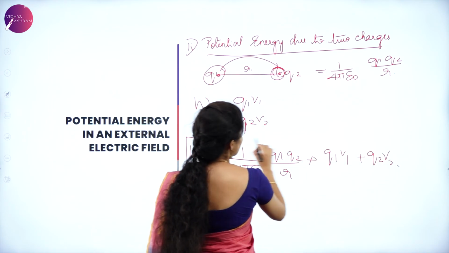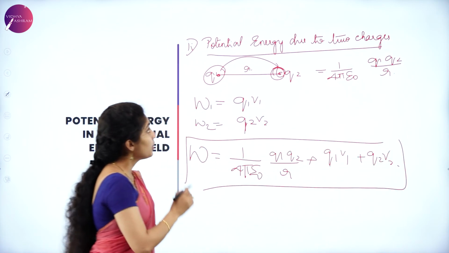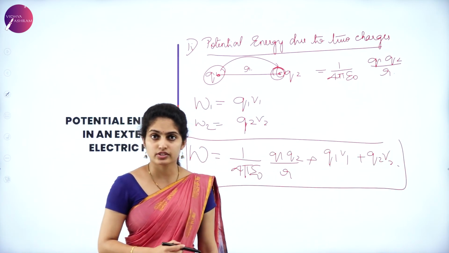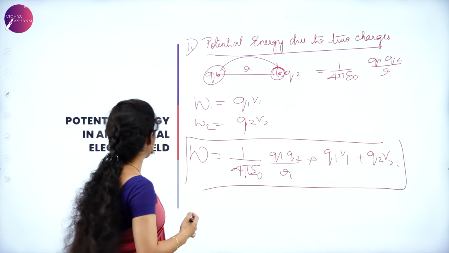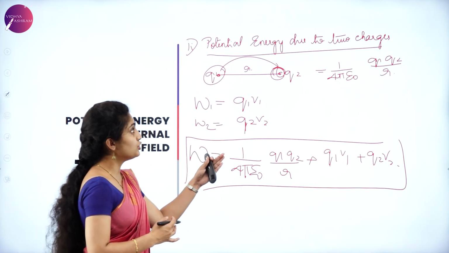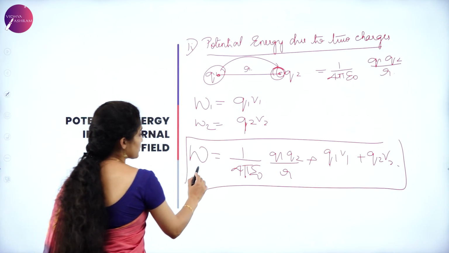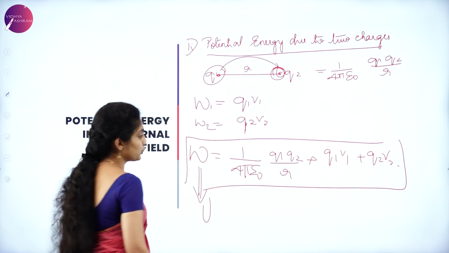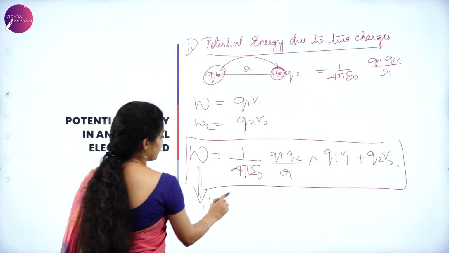So this is the total work done by the two charges. That is all about potential energy due to two charges. You can just replace the work done by U, that is the potential energy.